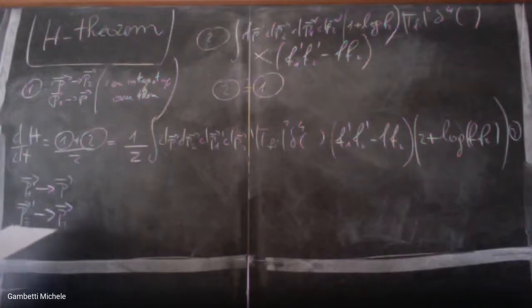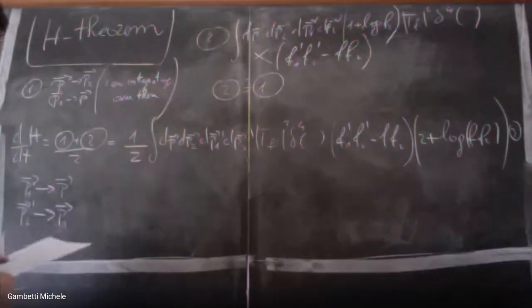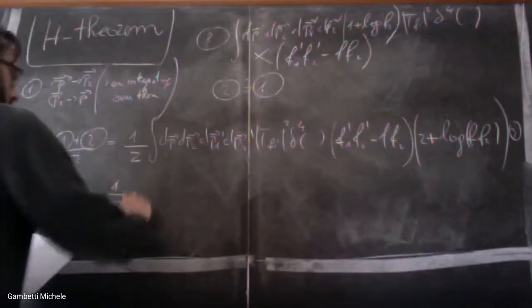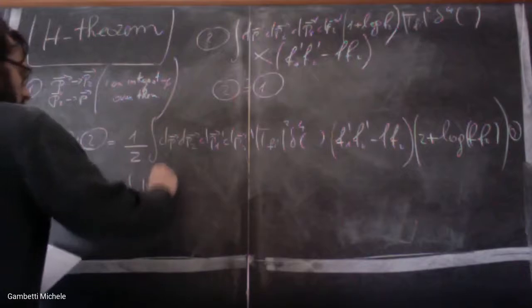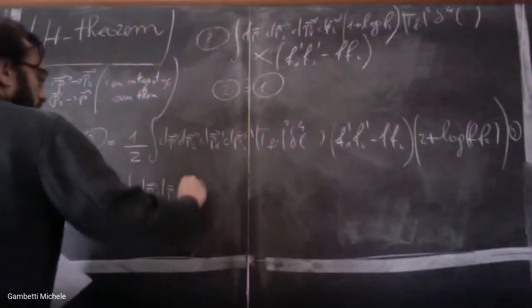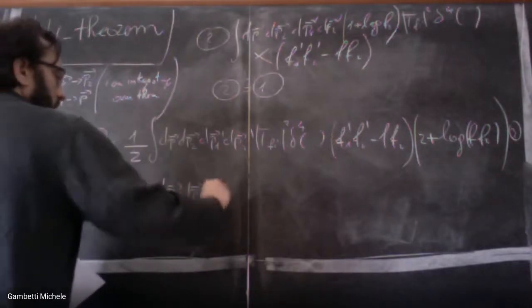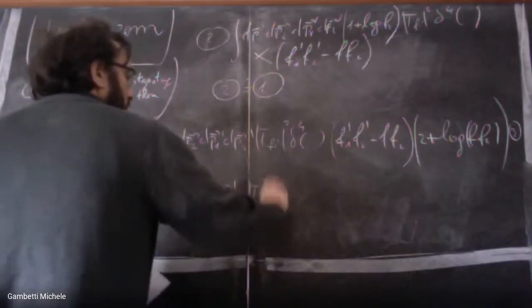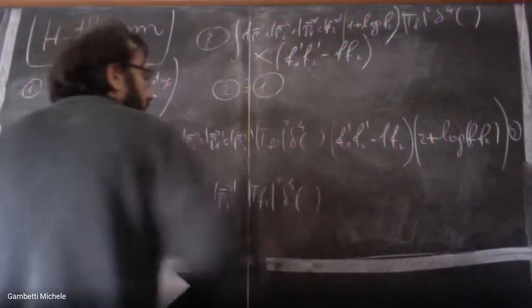I do the switch, and I get the following. 1/2 of all this quantity, dp, dp2, dp1 prime, dp2 prime. So this is the same, this is the same.